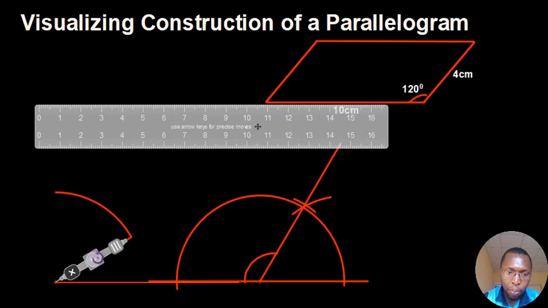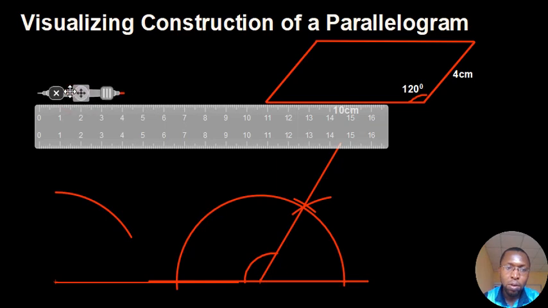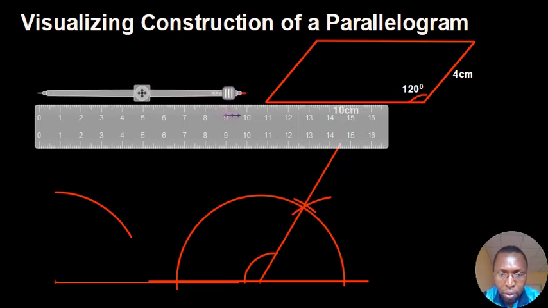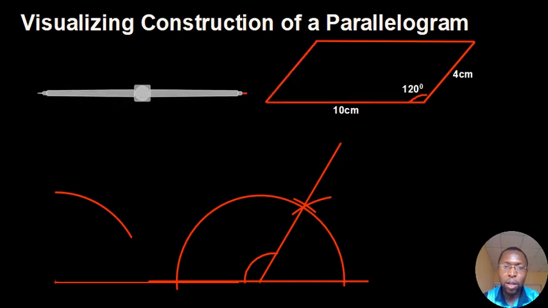So I get my compass and take it to the ruler side to measure 10 centimeters. This is 4 already, so I extend it to 10. So this is 10.